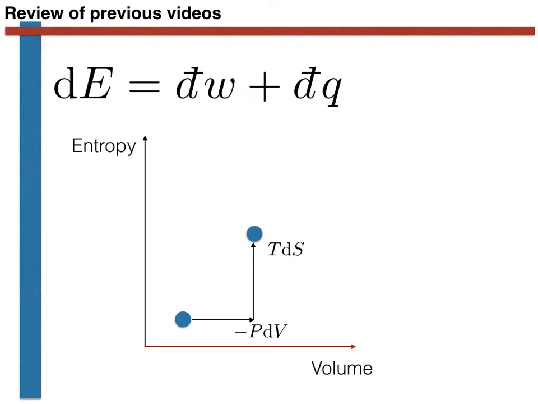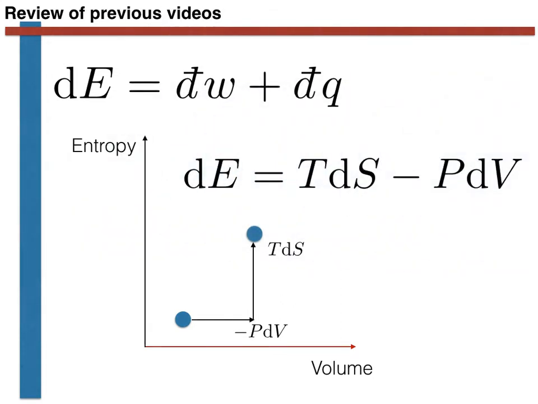The final result is that dE is equal to TdS minus PdV.